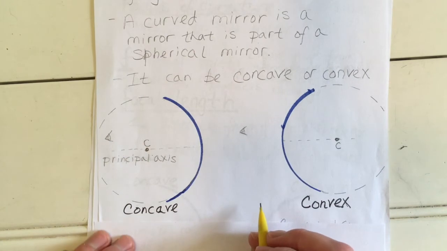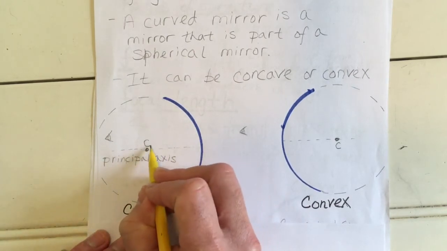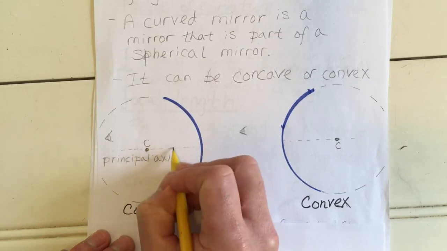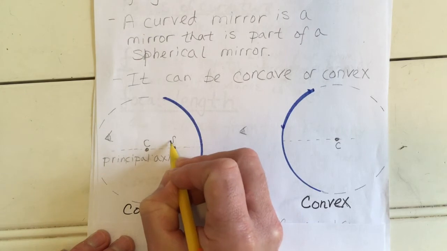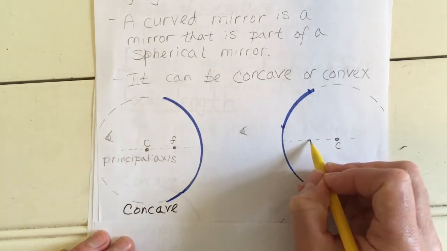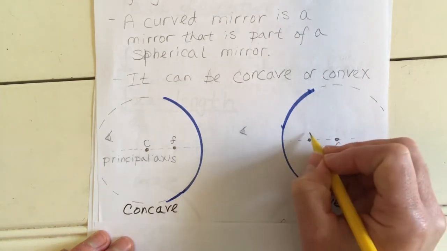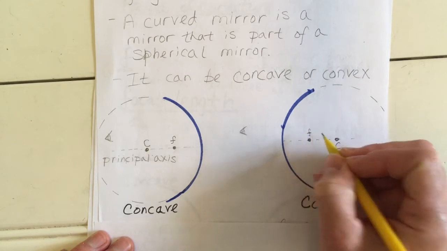And I'm going to talk about this in a second, but this distance right here would be the radius. And half of that distance would be where there's a special point called the focal point. And the same is true over here. And half of the radius is the focal point.